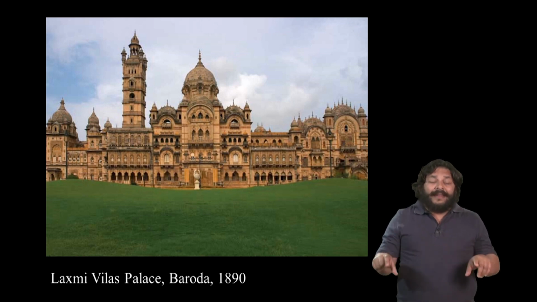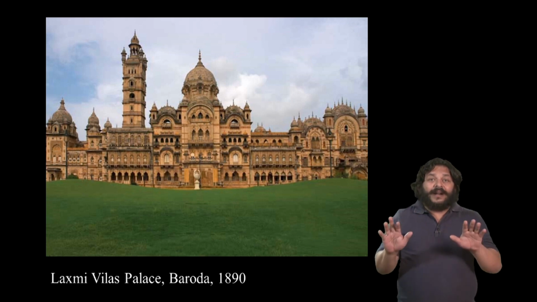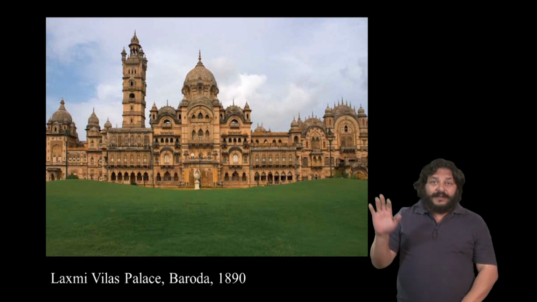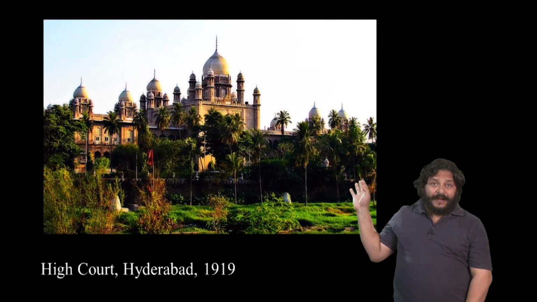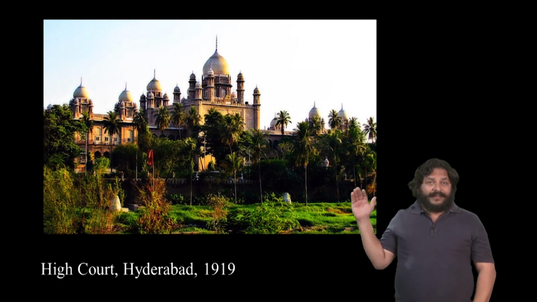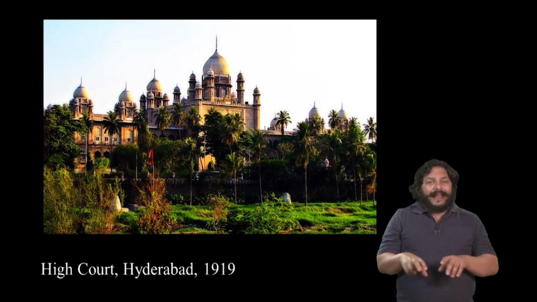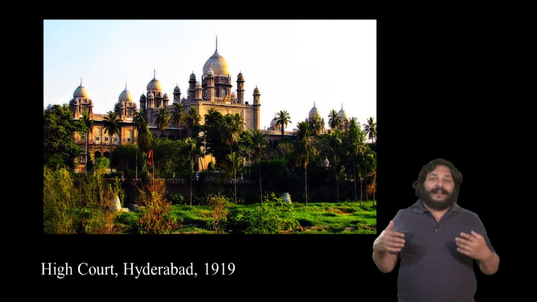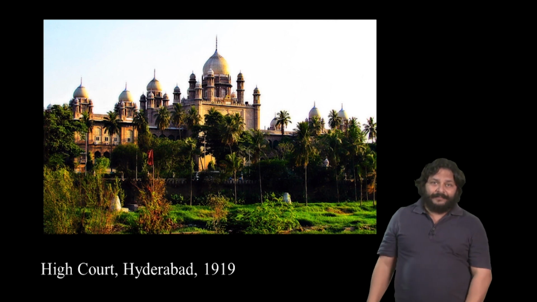You could have a plan that was English, but details that were Mughal, which is what you see in a number of these palaces. The high courts in Hyderabad are another example of an institution that is British, a plan that is British, but details that reflect a native vocabulary of architecture.